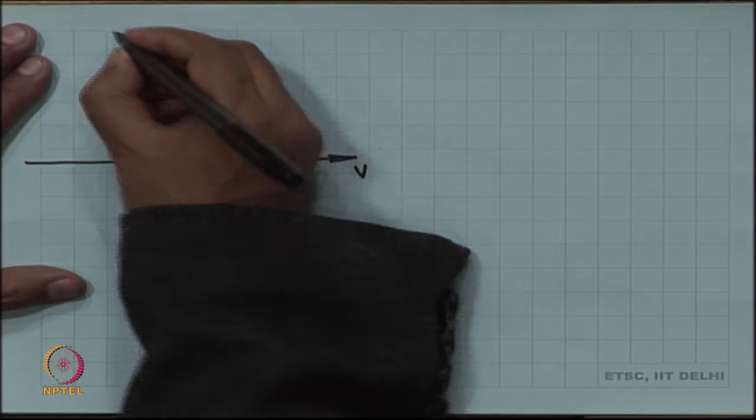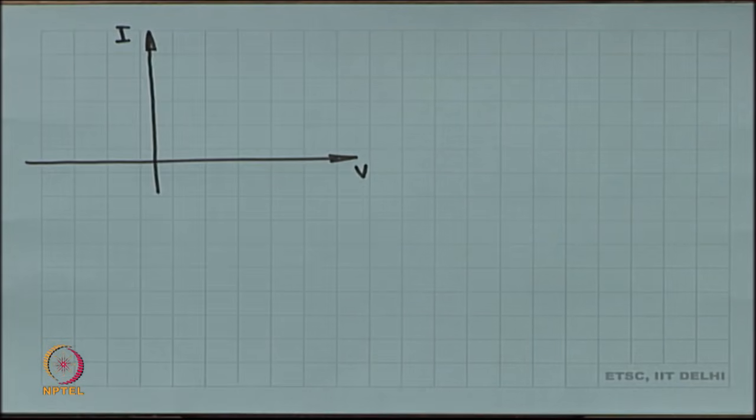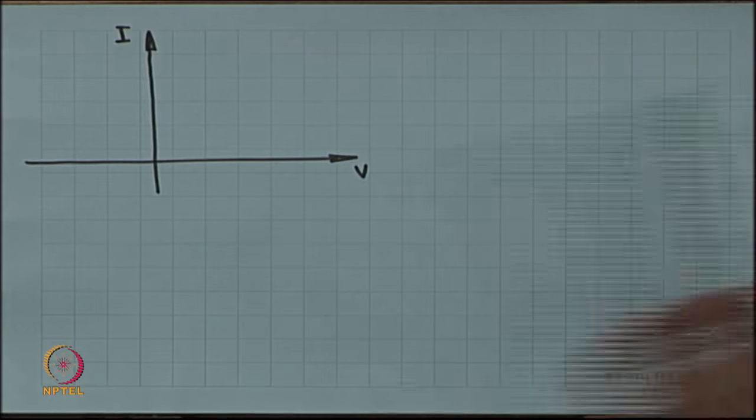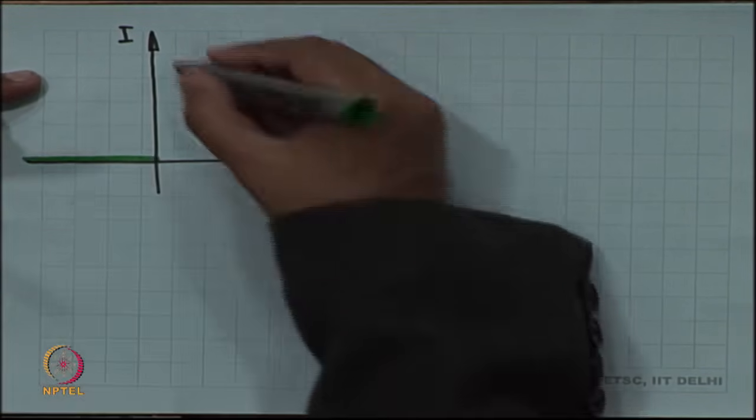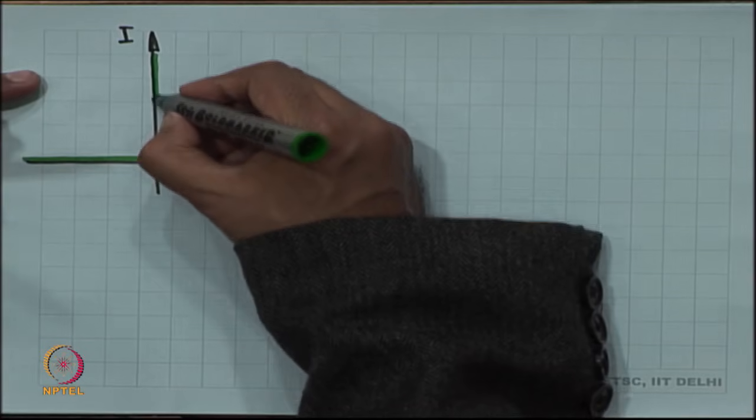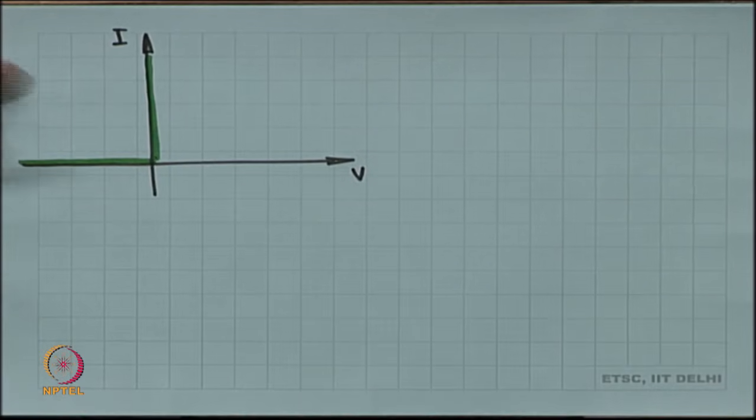We had three abstractions. The ideal one in the last class, this is the diode that I wished to purchase, but could not find in the market. This was the ideal diode.